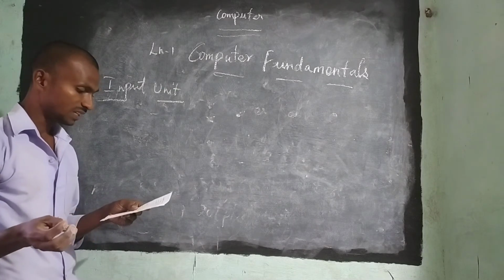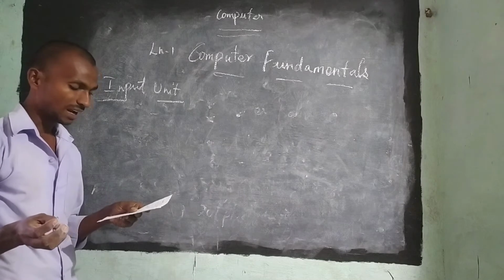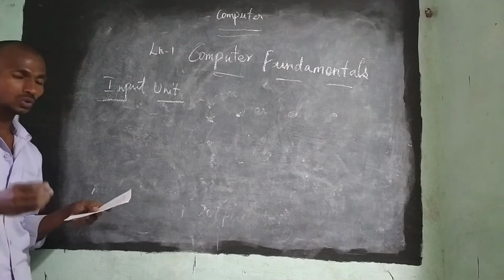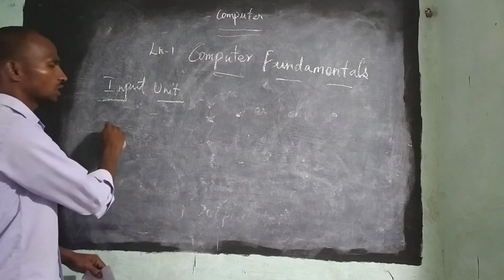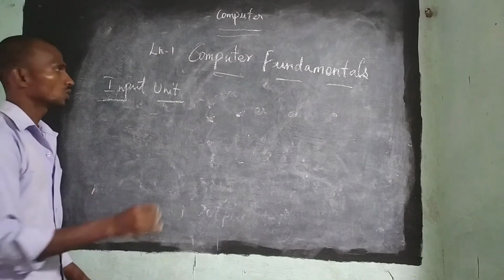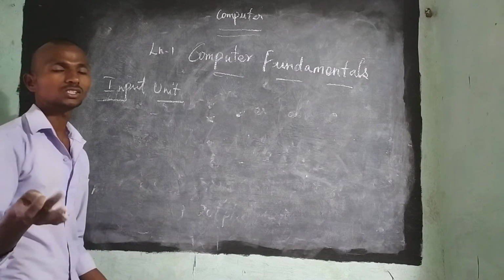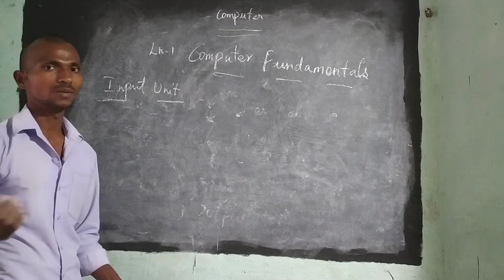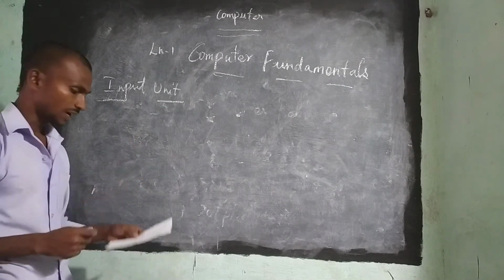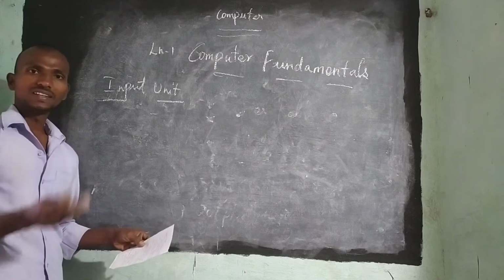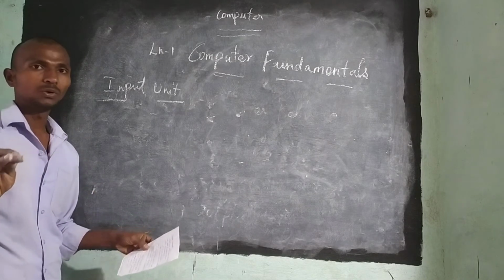A set of instructions and data are fed into the computer through this unit. To solve some problems, we need to give the instructions to the computer first, then only we can get the answer. That is the communication between the user and the computer.